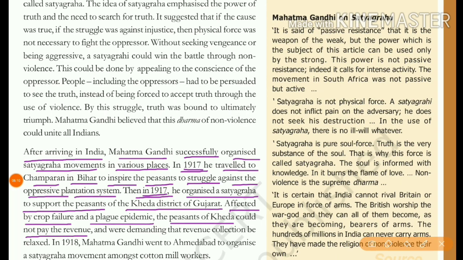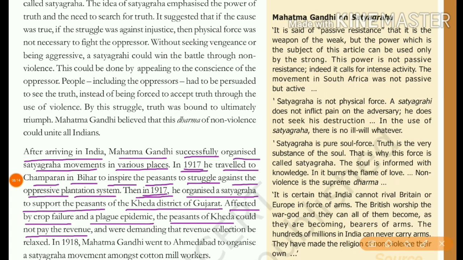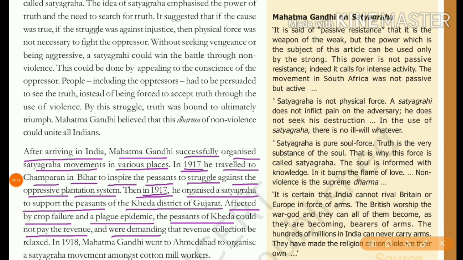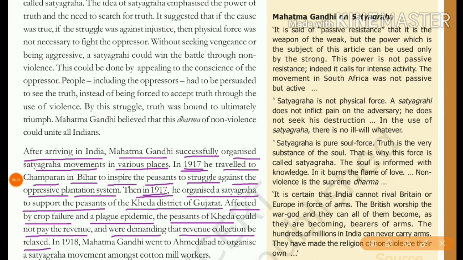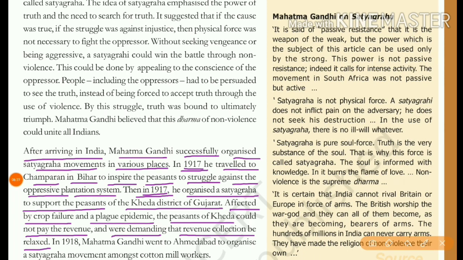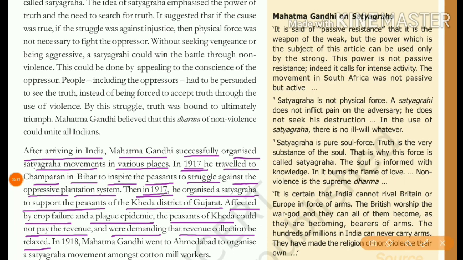So because of crop failure, the Kheda peasants could not pay the revenue to the British government and demanded that revenue collection be relaxed that year. But they refused. So Gandhiji supported the peasants and then he conducted that Satyagraha movement.